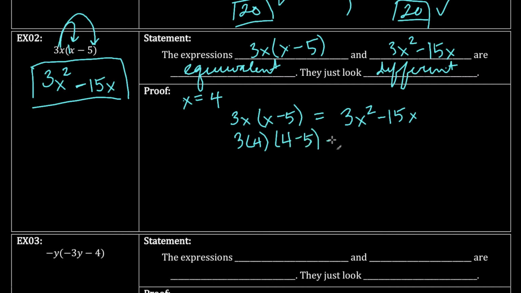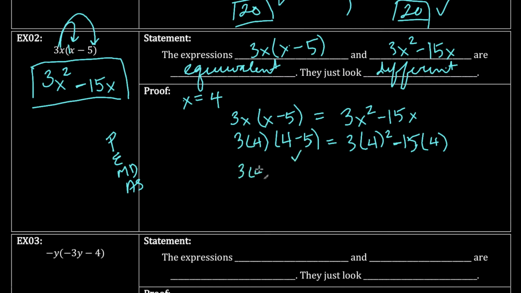Equals 3 times 4 squared minus 15 times 4. So remember order of operations. Let's do inside of parentheses first, right here. 4 minus 5 is negative 1. Should equal 3 times 4 squared minus 15 times 4.